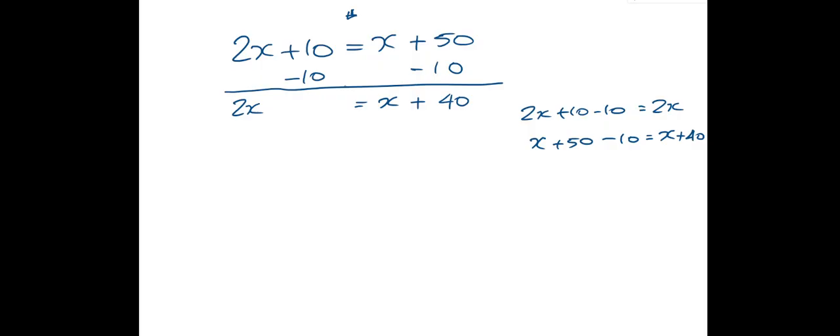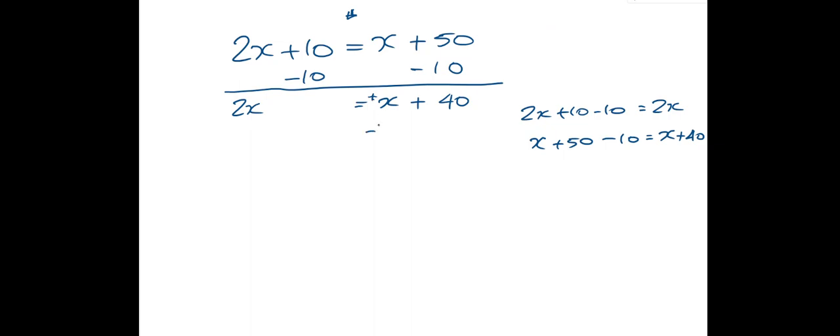Now what do we do? Well, there's no numbers on the left hand side, but there is this pesky x on the right hand side. In front of that x, even though it's not shown, it's implied that there is a plus there.